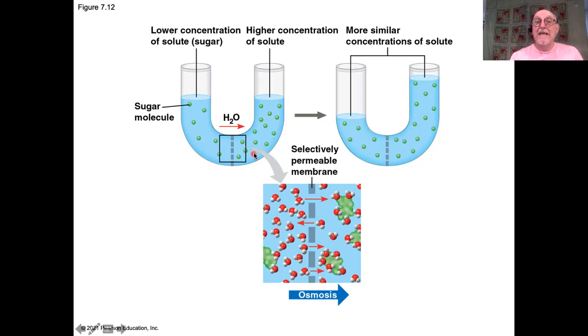Water concentration here is low. Water concentration here is high. The water will move across here, and lo and behold, the volume will increase. We'll lose volume here as water moves across here.